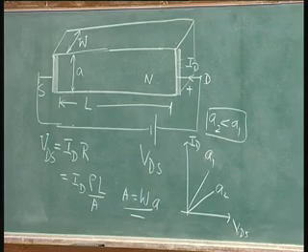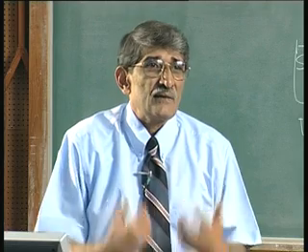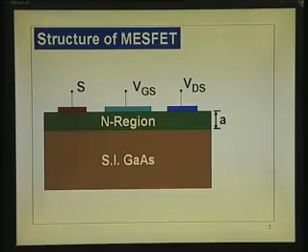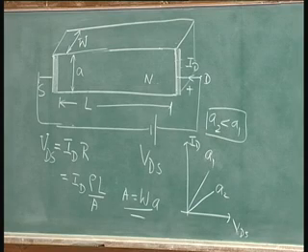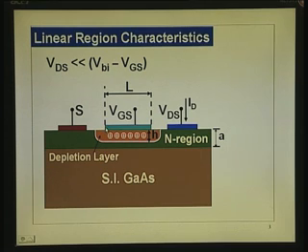Now, the same must be achievable electronically. The area of cross section, that is the thickness of the channel, you must be able to reduce. That is done by applying the voltage to the gate. What I have shown here is the same structure, whatever we have put on the board, except the contact is put right at this edge.